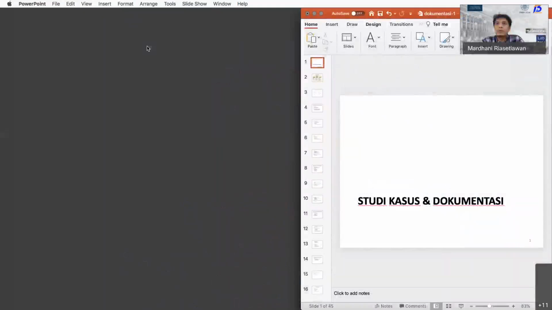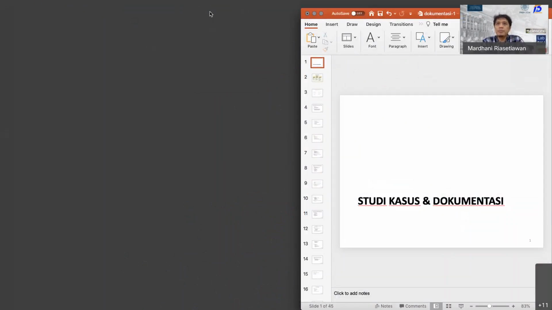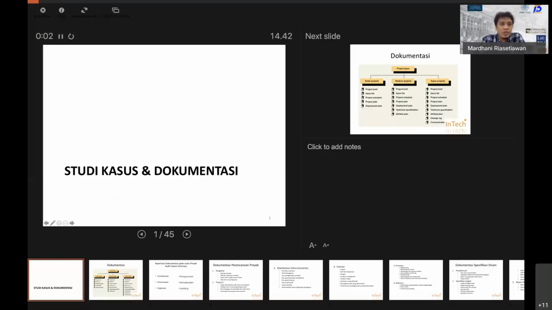So I would like to share with you this documentation standard. When we discuss documentation, we have several points of view that we need to understand. We need to know about the hierarchy of documentation.